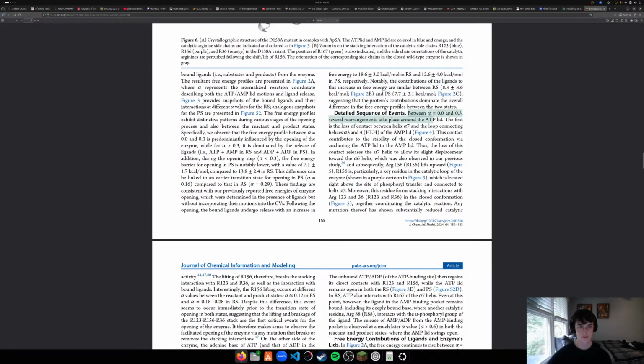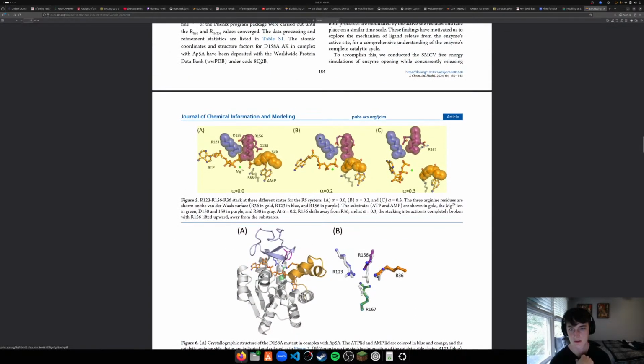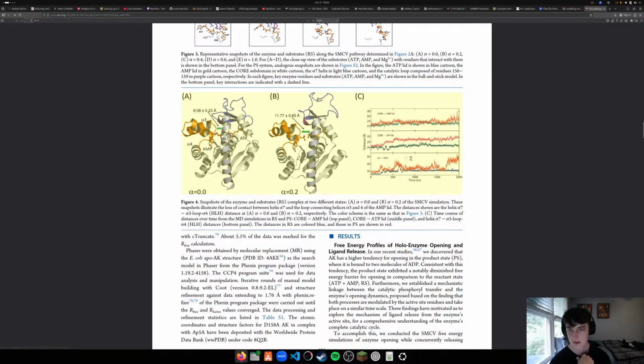Detailed sequence of events. Shows the stability of closed conformations via anchoring, thus the loss. So helix A7, that's what it's talking about here, right? A7 and A4 increase in distance.